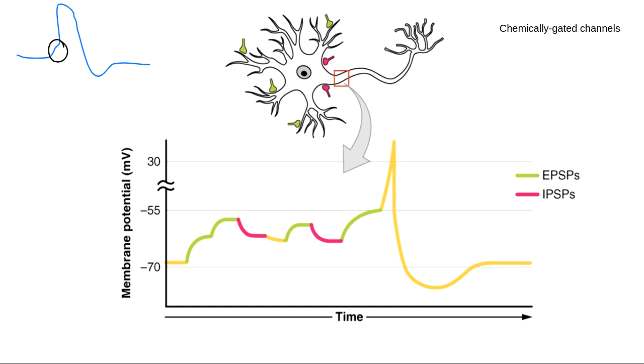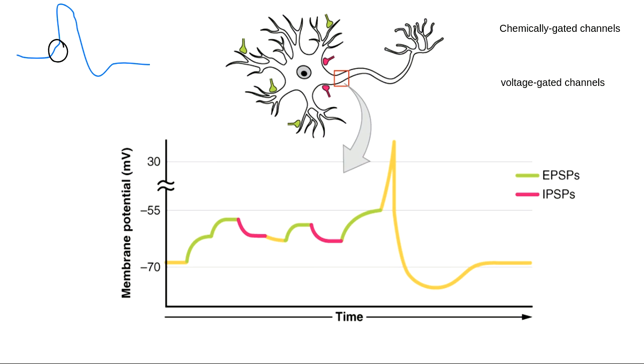Let's see if we can remember from Tuesday's class. All of these changes that I see right here in my membrane charge, were they due to chemically gated channels or voltage gated channels? Which kind of channels cause these changes right here?